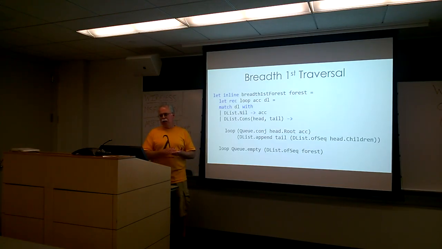And then the final structure that we output is actually the queue structure, the first in, first out structure that we talked about. So let's take a look at how this actually works.